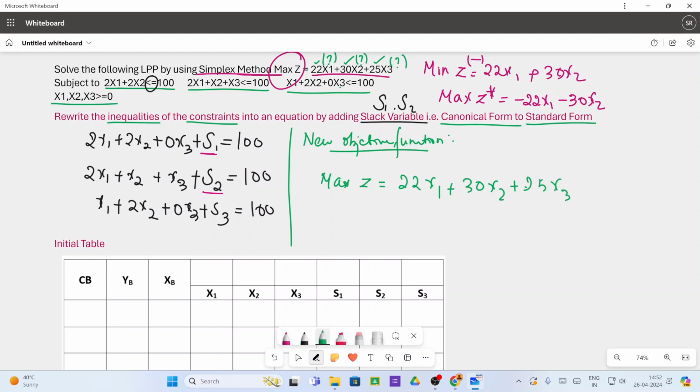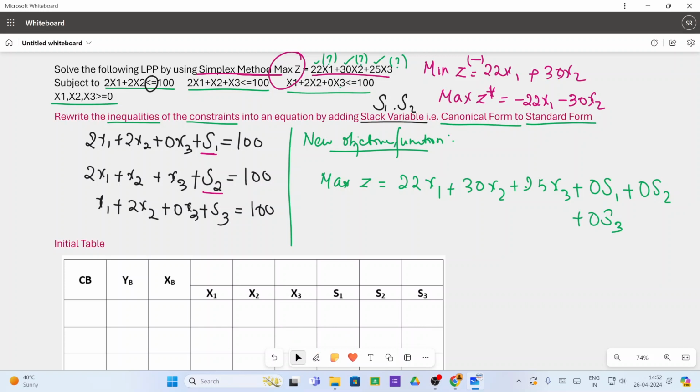Where you have to introduce the slack, their values are going to be 0 here. We have introduced three slack variables and those values we give as 0, so 0 s1 plus 0 s2 plus 0 s3. This is going to be our new objective function.